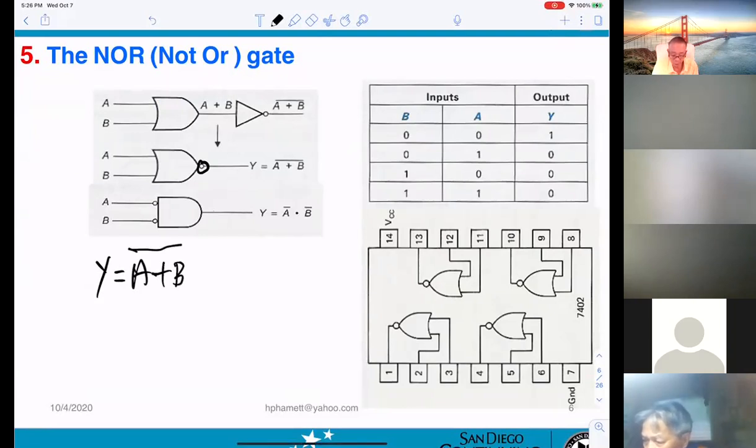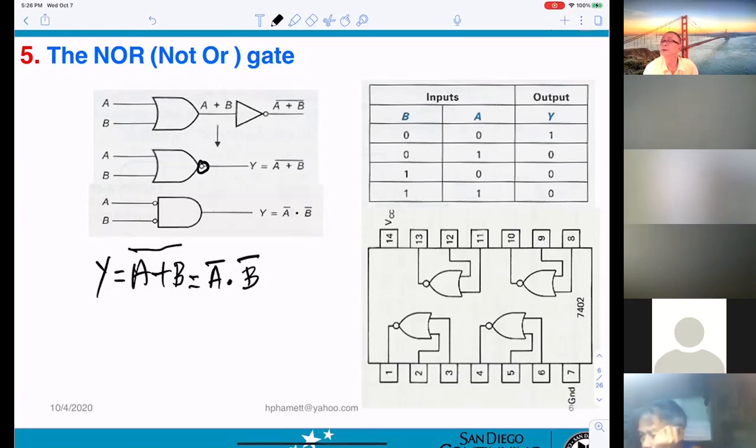So I want to break the bar using De Morgan's law. OR will become AND: not A, and not B. So this is very important to you.